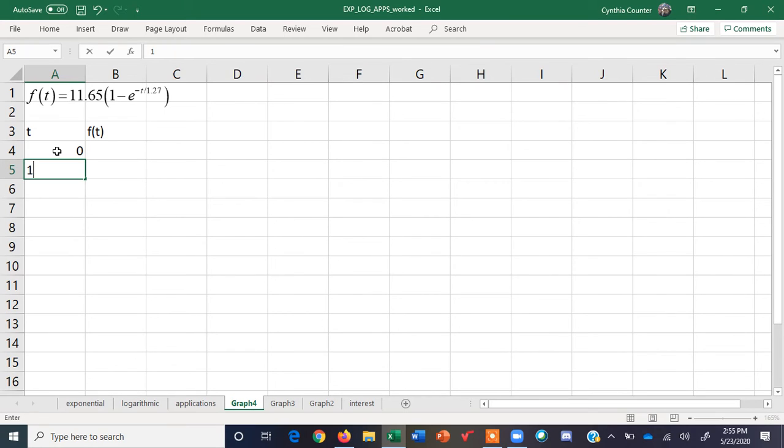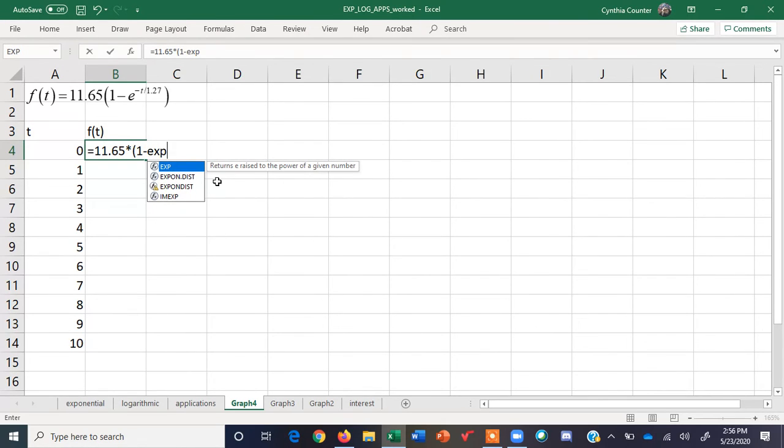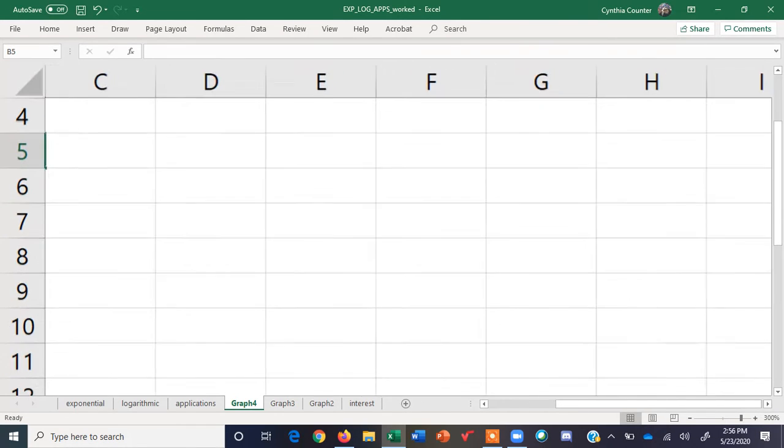Well, let's see what happens if we only increment by units here. 11.65 times, open parenthesis, let's make this a little bigger, 1 minus e to the power, so double click on the exponential, negative power divided by 1.27, close, close.